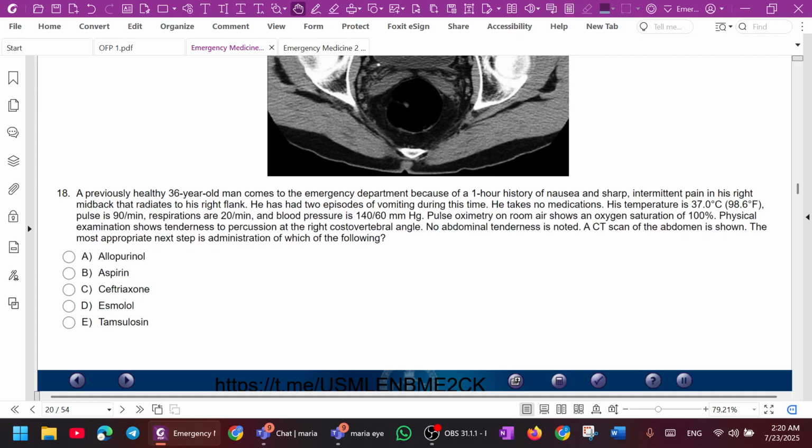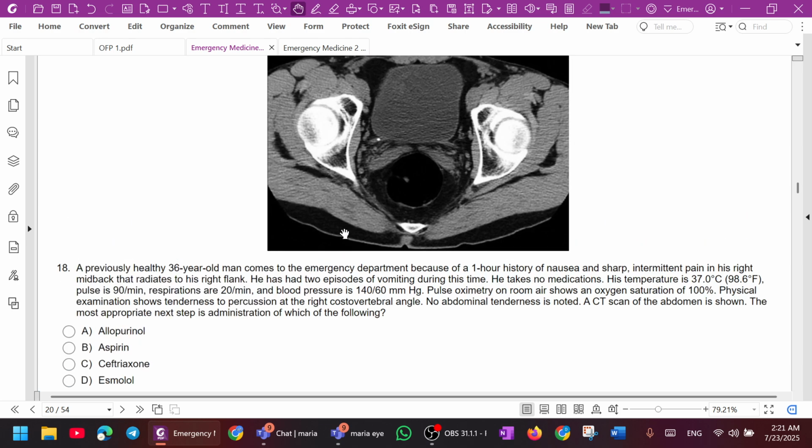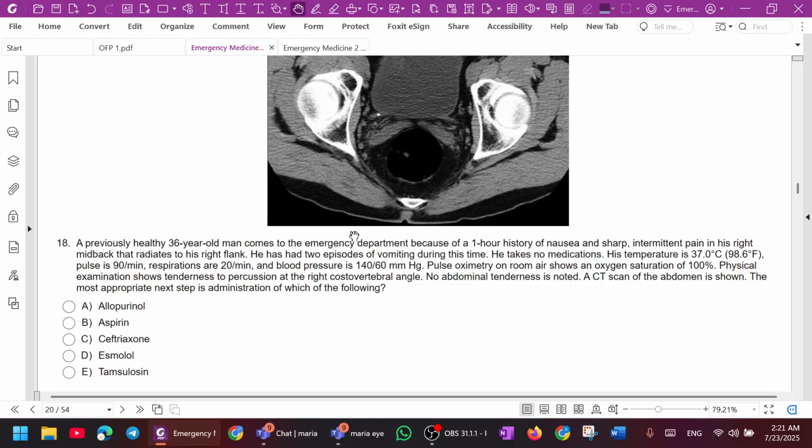I don't see anything on the CT scan. The picture is not giving any clue.